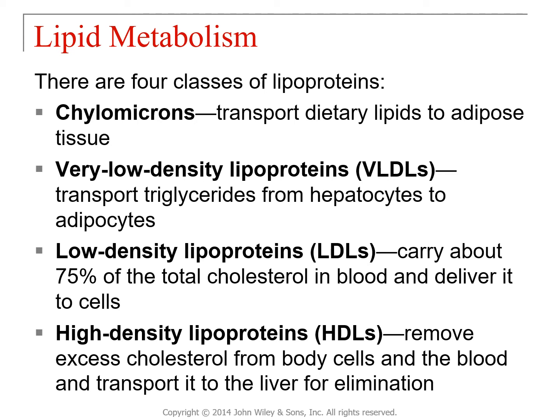As they release the triglycerides, their density changes and they become intermediate density lipoproteins and eventually low density lipoproteins, or LDLs. Now, because these have released triglycerides, they are now high in their concentration of cholesterol. And LDLs travel in the blood and release cholesterol to the various cells of the body.